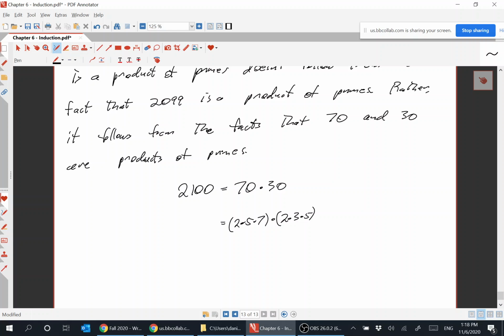The fact that 2099 is a product of primes doesn't help you determine that 2100 is a product of primes. It's just that 2100 can be broken into smaller chunks.